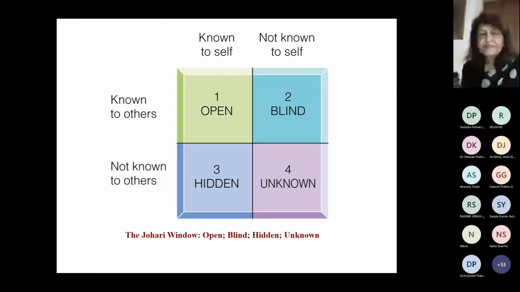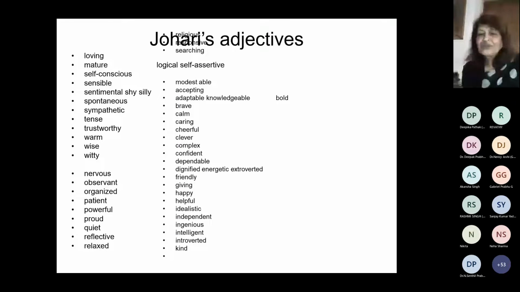So they made, this is what I was talking about, a list of Johari's adjectives and Nohari's adjectives. And they said, this is an exercise that you need to do. They said, make 2 columns.